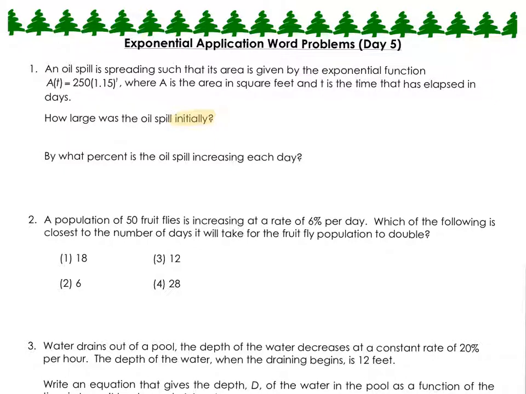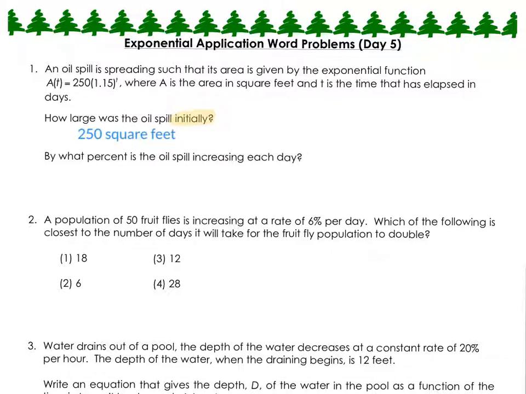And I know that just by looking at the exponential equation here. So if I look there, I see the number 250, and since it's asking me how big it was, and it says A is the area in square feet, I'm going to say 250 square feet, or feet squared, either way is okay.